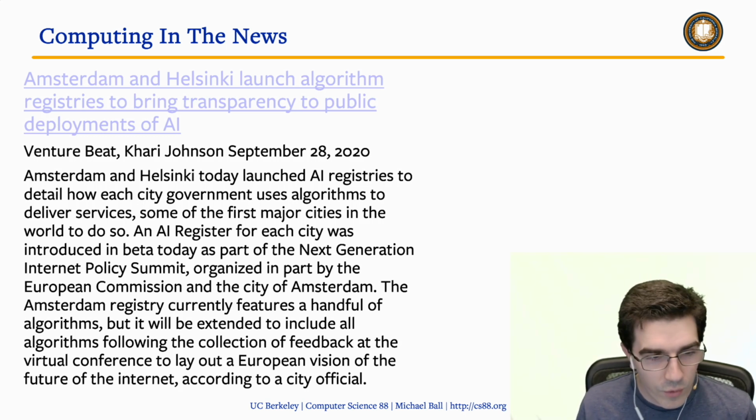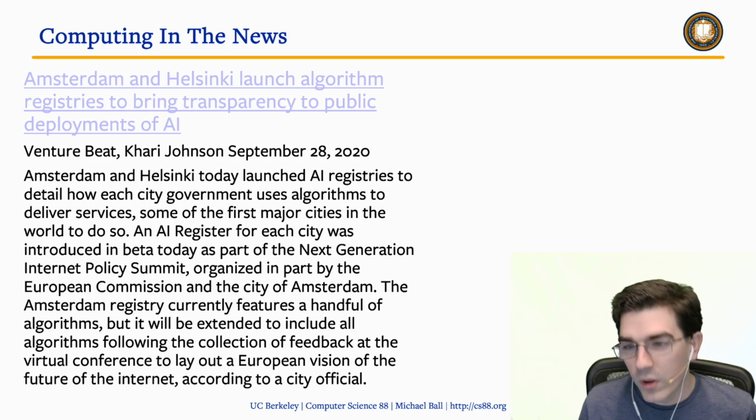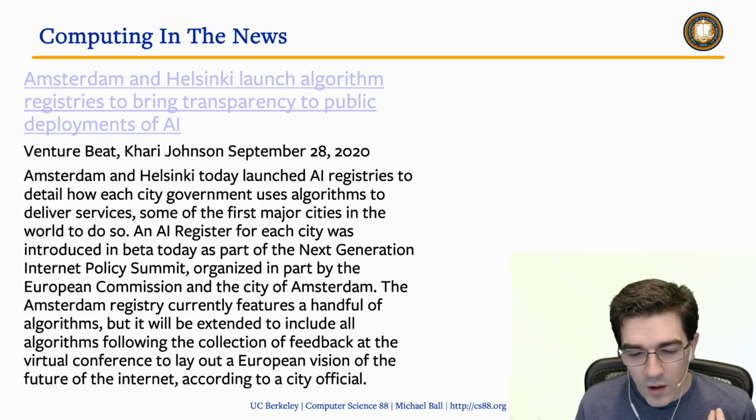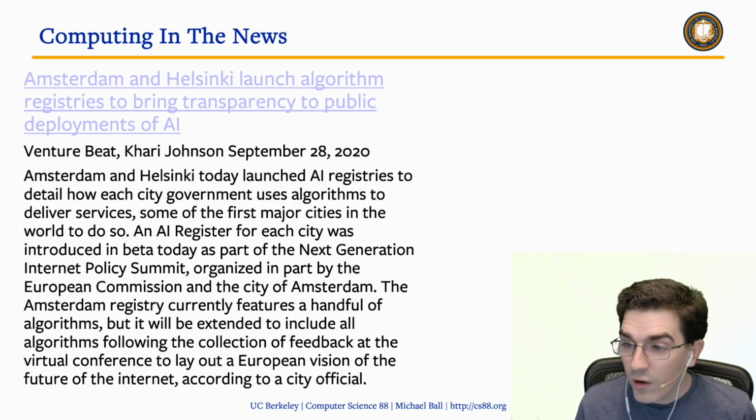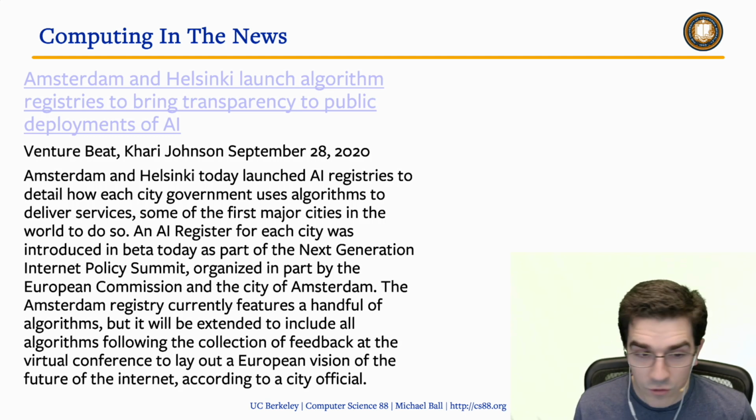This is a really important idea because I think there's two really powerful things here. One is the fact that as algorithms become more important, they can have profound effects. And if they're not something that we can verify, then it can be really hard to understand how those decisions are being made.